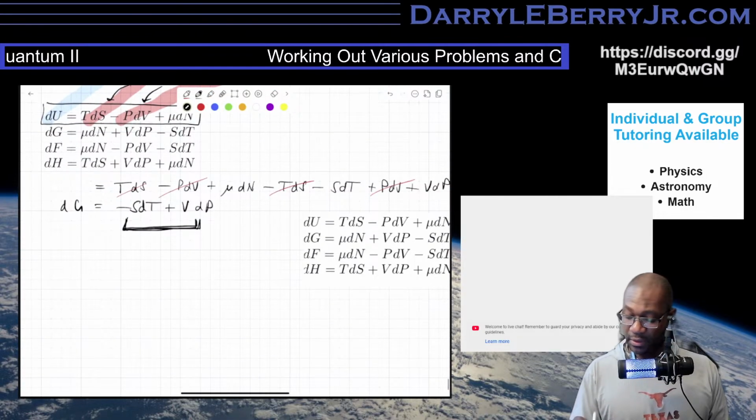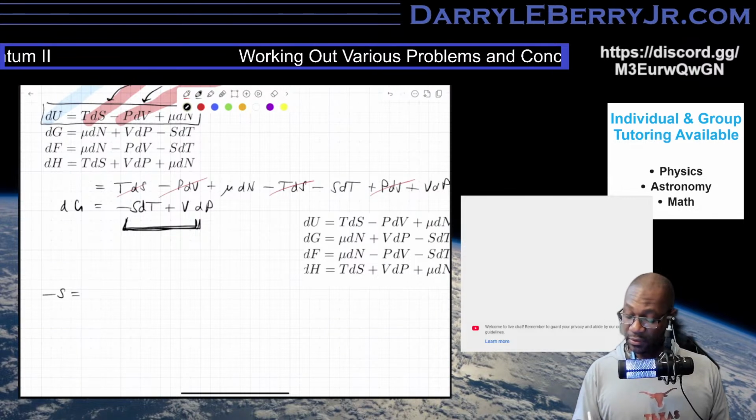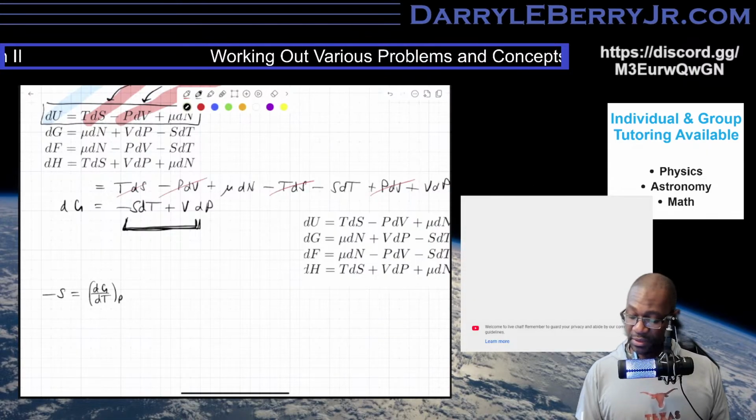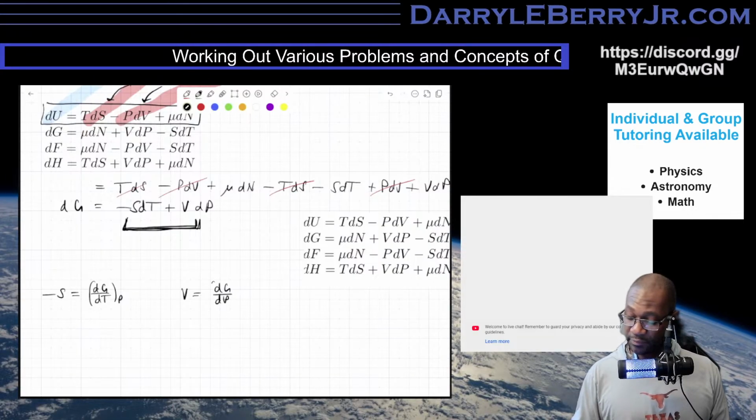And now we can say negative S equals dG over dT, given that pressure is constant, and V equals dG over dP, given that temperature is constant.